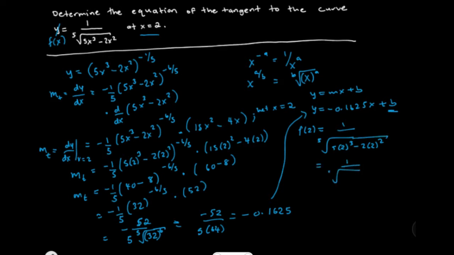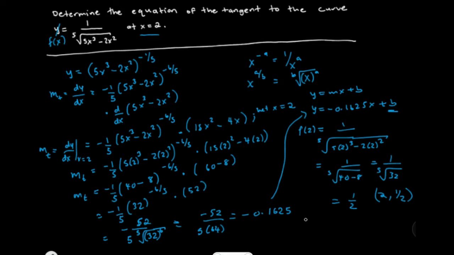This gives you 1 over the fifth root of 40 minus 8, which is 1 over the fifth root of 32, which we know is 1/2. So the equivalent point here is (2, 1/2).